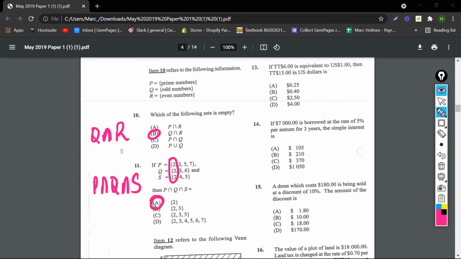So the answer for this one is definitely A, because in the intersection of all the 3 sets, we can see that 2 is common to each of the sets. 3 is not common to each of the sets, 4 is not common, 5, the others aren't. So 2 is the answer for that one. That was pretty easy too. That was a breeze as well.